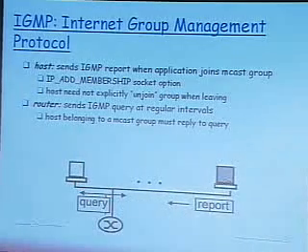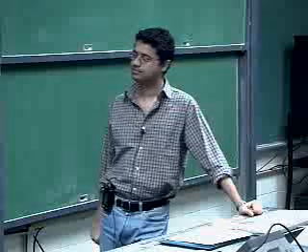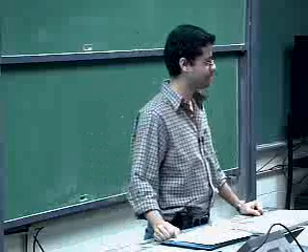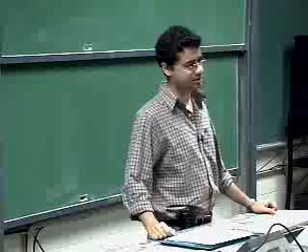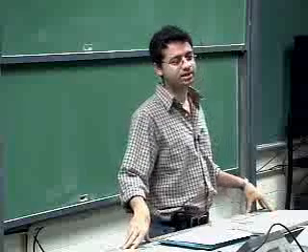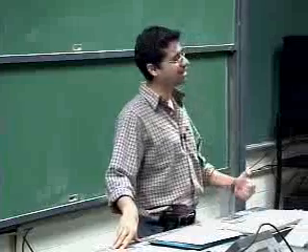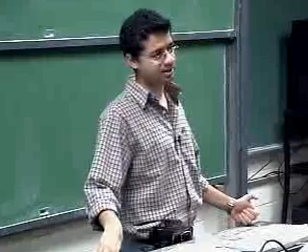So what happens is that nodes on a local area network implement a random backoff scheme. Whenever a router sends out a query, are you still interested? All the nodes that are interested in that particular multicast group will choose a random backoff time independently.